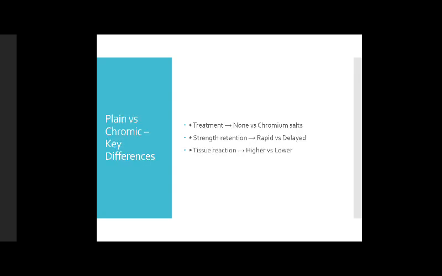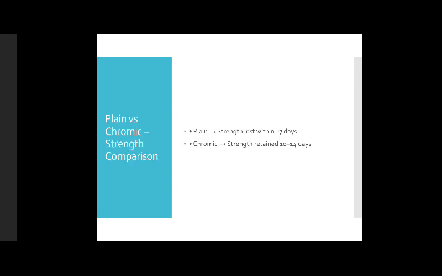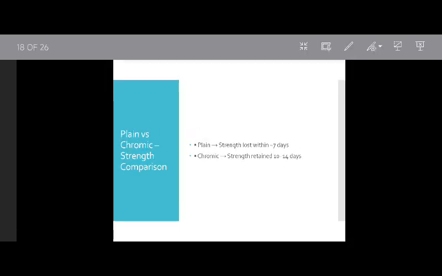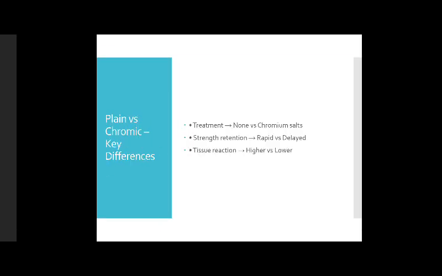Now, plain versus chromic catgut, key differences. Treatment: chromic catguts are treated with chromium salt, but plain catguts are natural, and no treatment is given to the stitches.